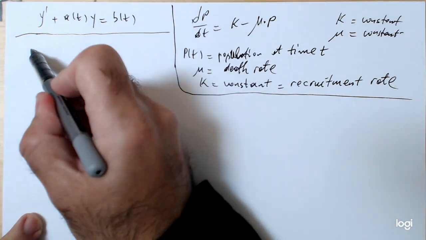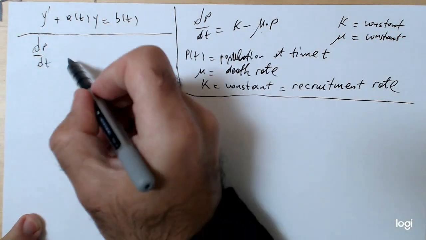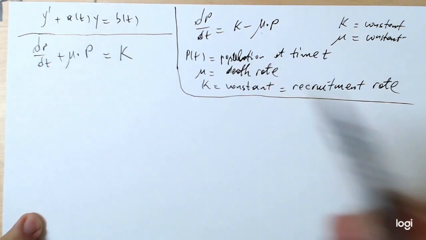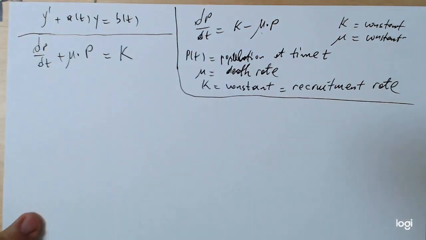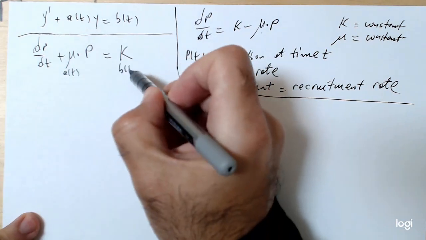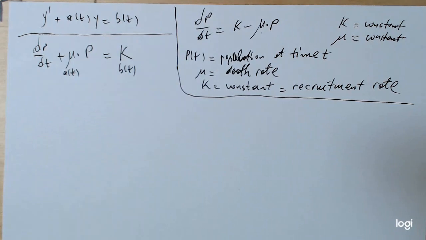So I'm going to have dp/dt or p prime on the left side, but then move mu times p to the left and leave k on the right hand side. So it's important to understand that now a of t and b of t are constants. They are denoted by letters, but they are constant nonetheless. So this is what I'm talking about, that the math actually is not that difficult, but it could be confusing before you get used to the notation.